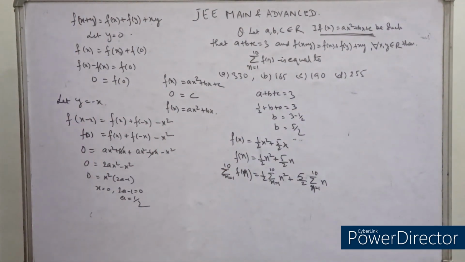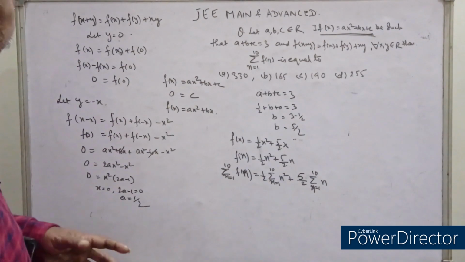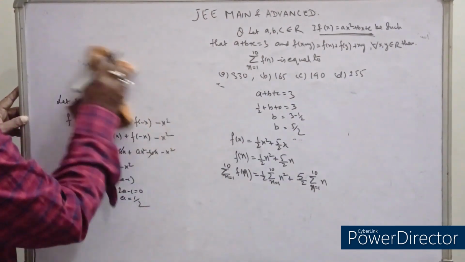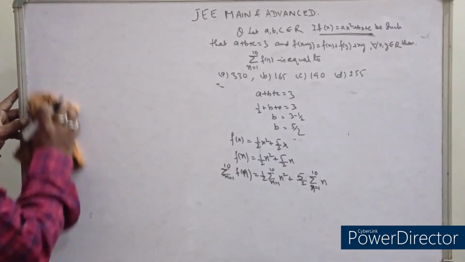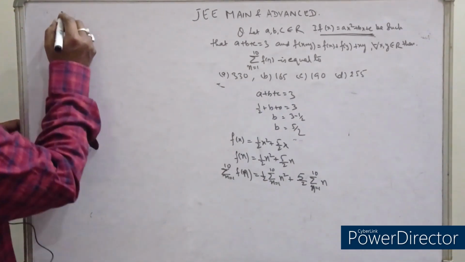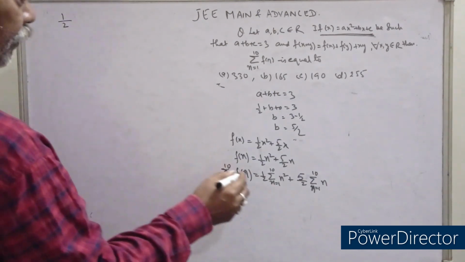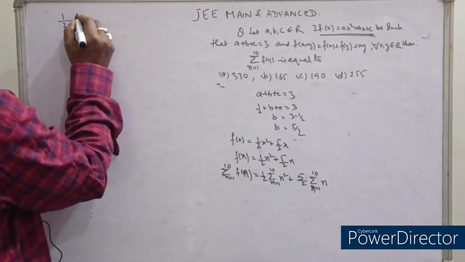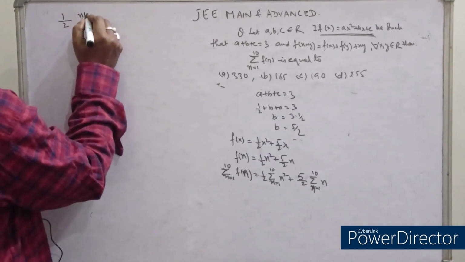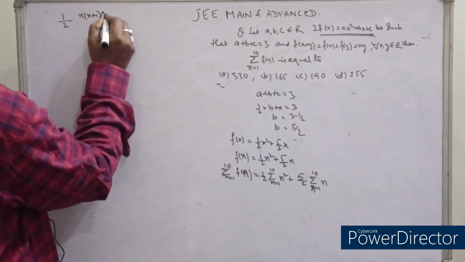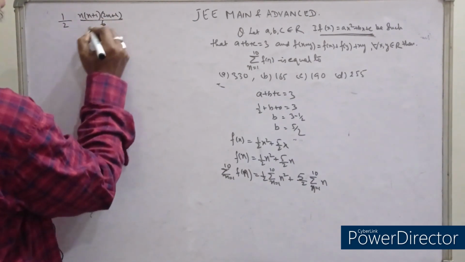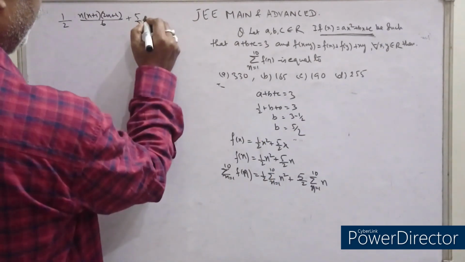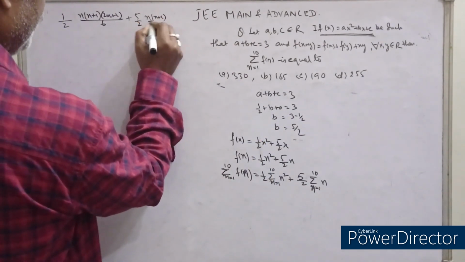Now here you see I am going to calculate this. That is half summation of n square, and the formula is n into n plus 1 into 2n plus 1 by 6, and again 5 by 2, and summation of n is n into n plus 1 by 2.